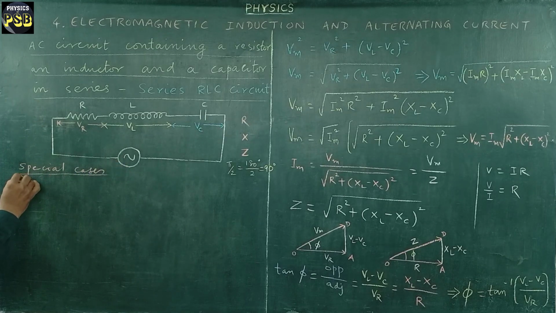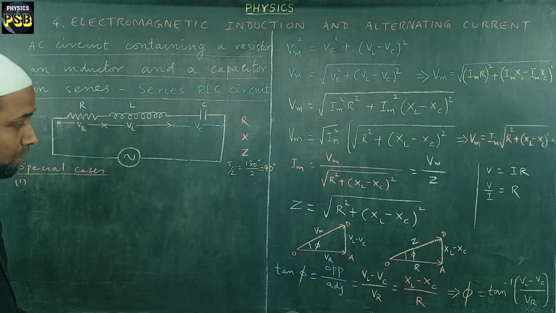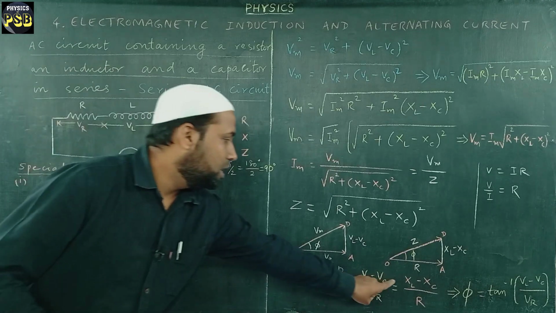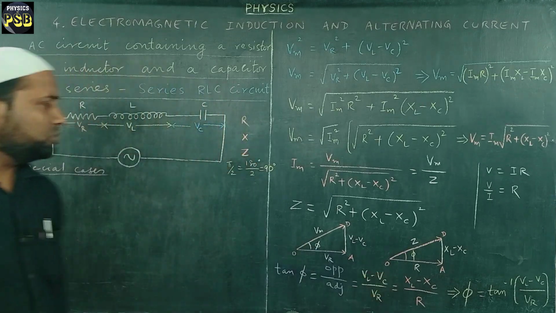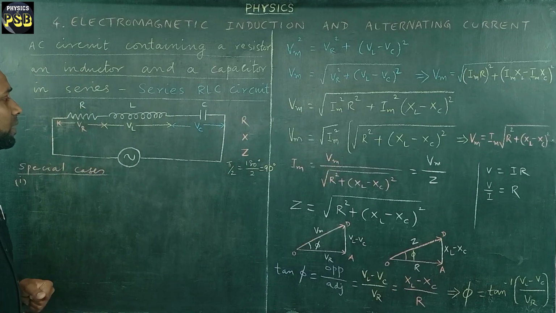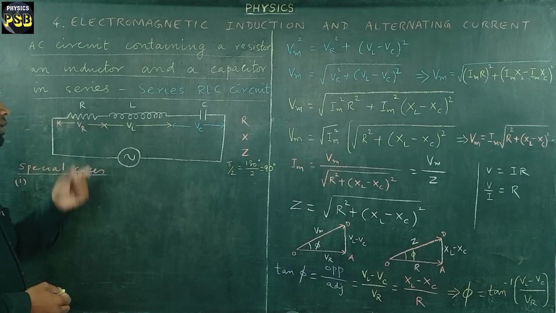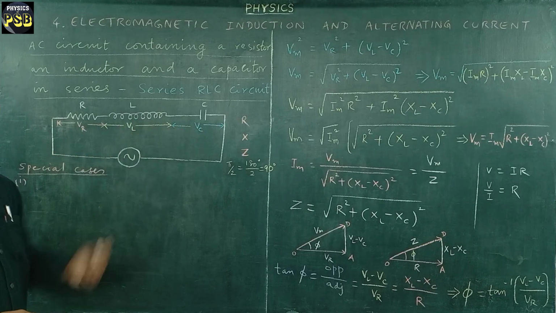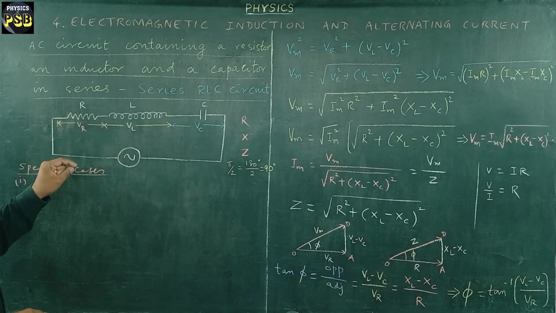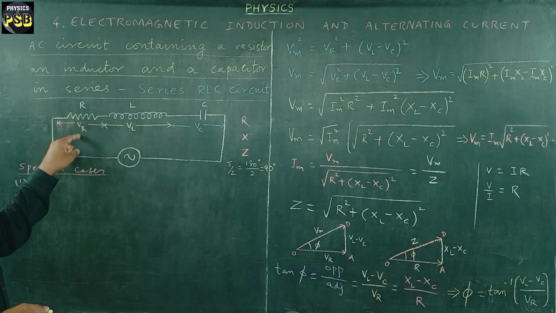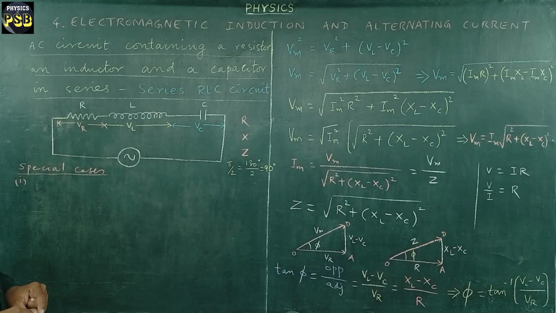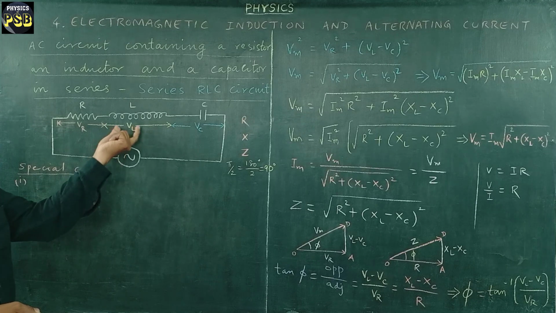First, I'll take case 1. Now I told you one can easily find out whether the given RLC circuit is resistive, inductive, or capacitive, depending on the value of voltage across them, depending on the value of VL and VC.